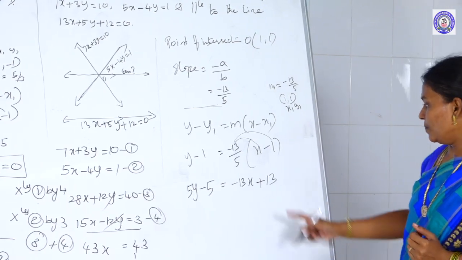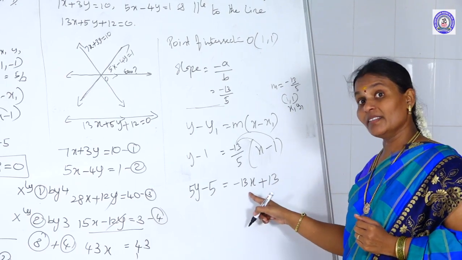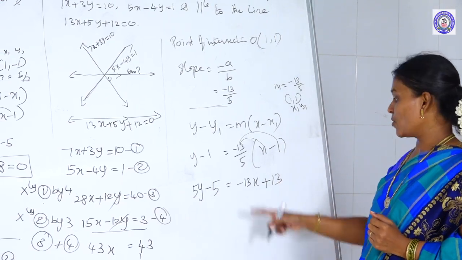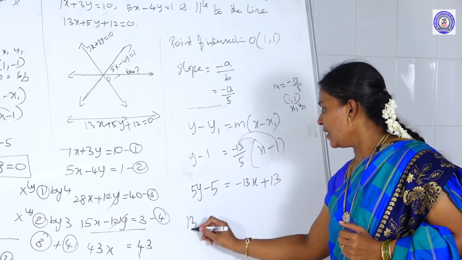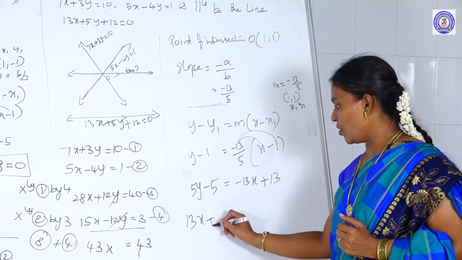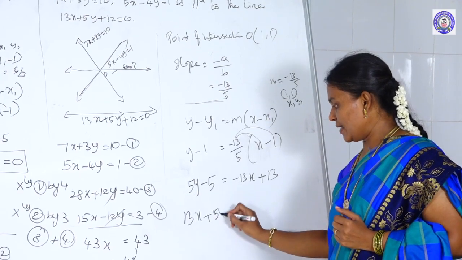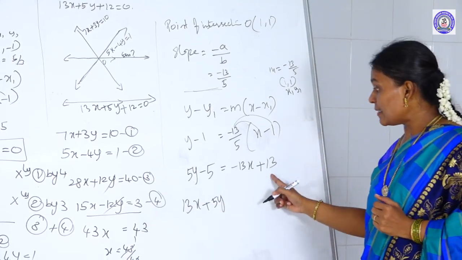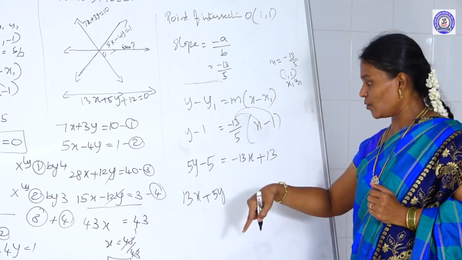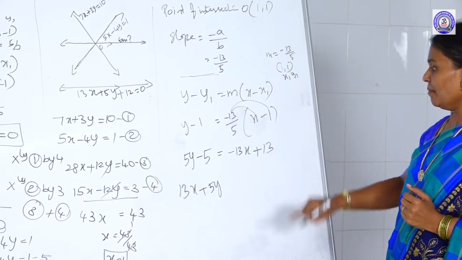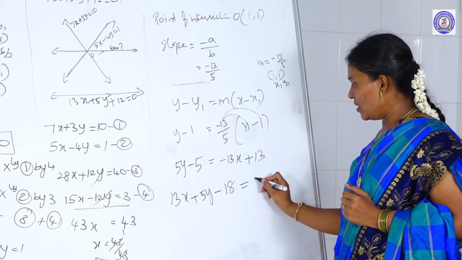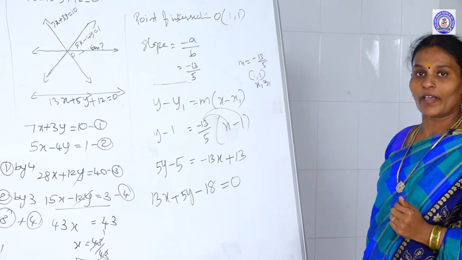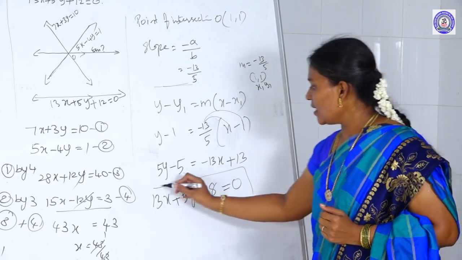Now see here, the x term is negative, so these two terms bring to the left side. So 13x plus, already here positive, so plus y. This plus 13 comes to the left, that also becomes minus. Minus 13 minus 5 is minus 18, that is equal to 0. So this is the equation of the line.